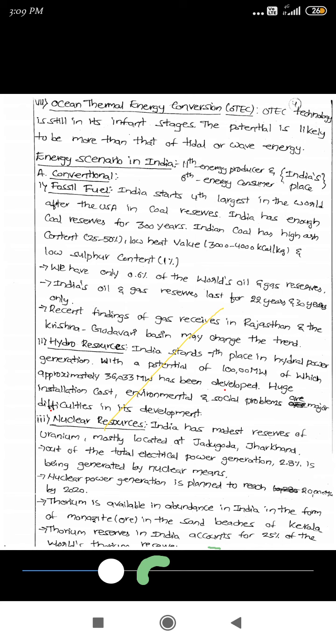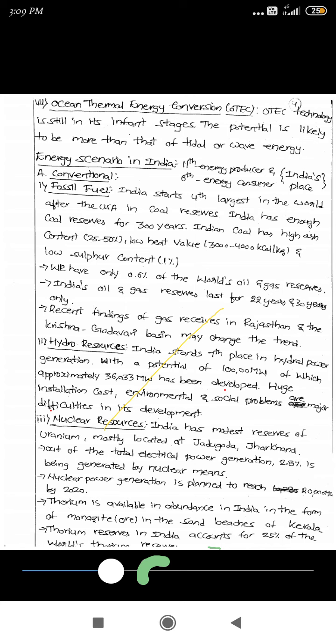Okay, all these are the types of energy conversion principles, and next, energy scenarios. The energy scenario covers both cases: conventional sources, which are called non-renewable energy sources, and renewable energy sources, which means non-conventional sources, such as ocean tidal, solar, wind, biomass and ocean thermal energy.